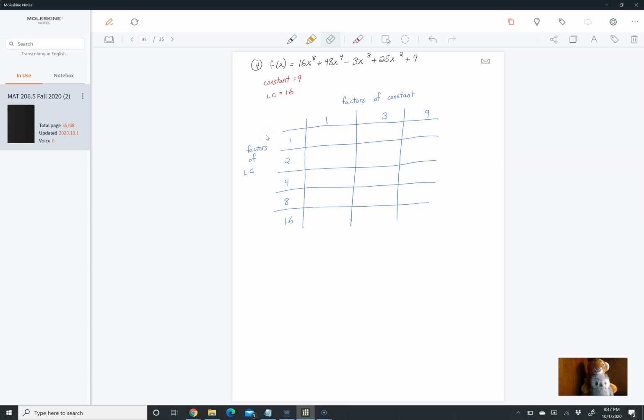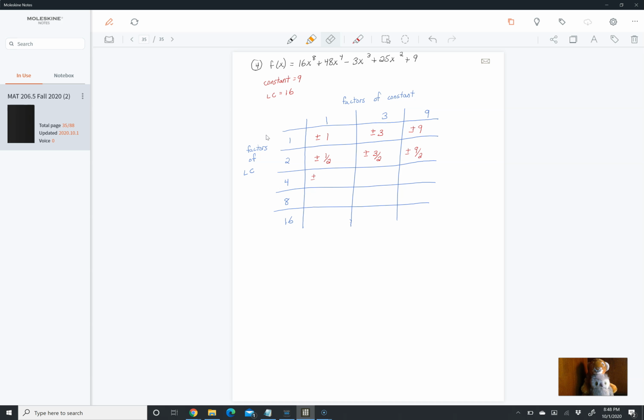So we have 1 over 1, which is plus or minus 1. Then we have plus or minus 3, plus or minus 9. Now we have 1 over 2, so plus or minus 1/2, plus or minus 3/2, plus or minus 9/2. So far, no repetition.